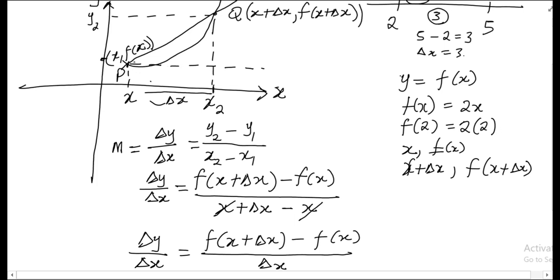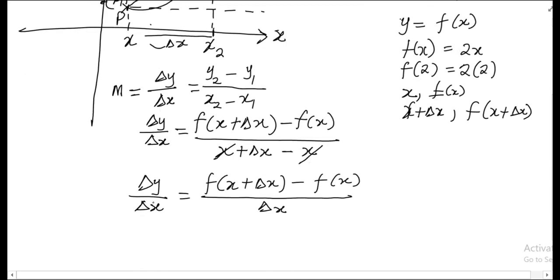It will decrease until you get to a point that the difference in x will tend to equal 0. So as x tends to 0, we call it the limit of a function.